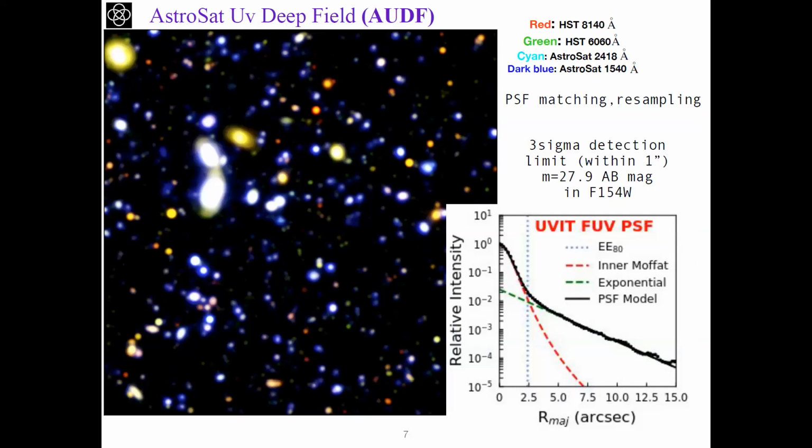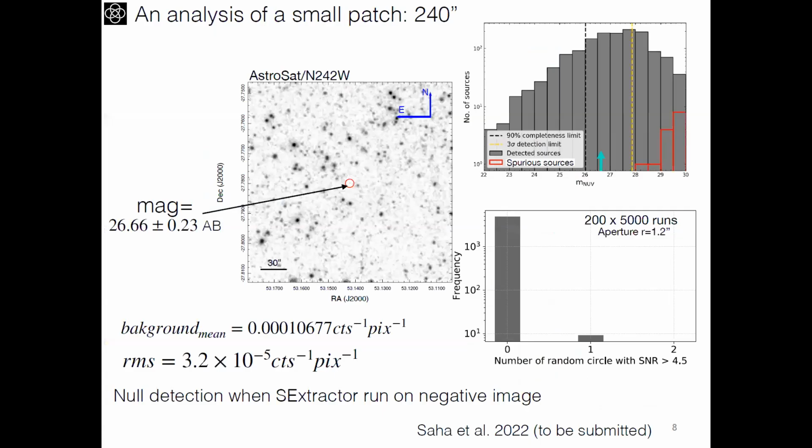We have a core, which is a Moffat fitting with 1.4 arc-second FWHM, but it has a wing, you can see, going up to around 10 to 12 arc-second radius. Within an arc-second aperture, we reach about 27.9 magnitude at the 3 sigma detection limit, which is pretty good for doing science.